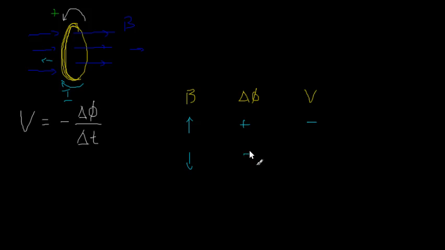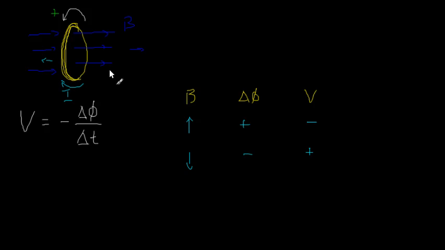Remember that change means that I must take the final flux minus the initial flux. So if it decreases, I must get a negative change. So if the change in flux is negative, then I have minus minus is a plus. So if I calculate the voltage using this formula, I will get a plus sign. And that should agree with Lenz's law as well.